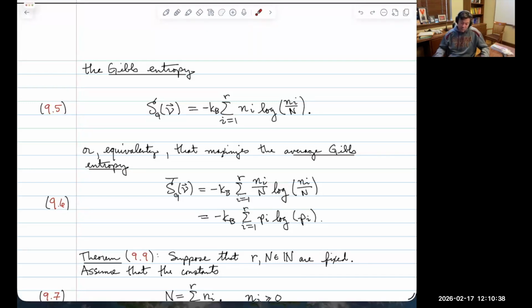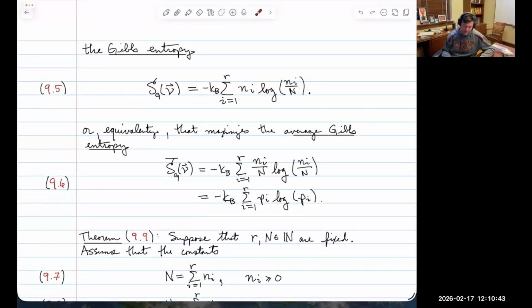We could equally well look for the maximum of the average Gibbs entropy. The average Gibbs entropy is just taking the Gibbs entropy and dividing by capital N. If I divide this by capital N, the only natural place to put it is as the divisor of this guy, and that just gives us the probability in 2 places. So another definition of the Gibbs entropy is through this, but this is what I would call the average Gibbs entropy.